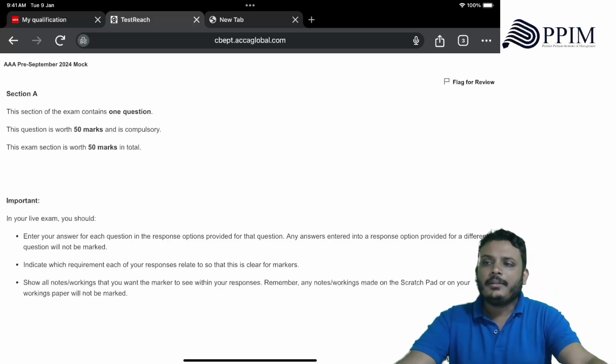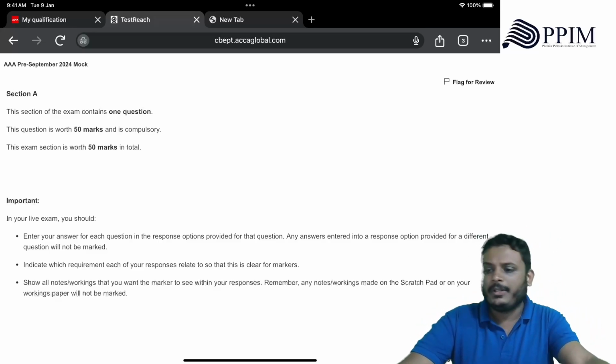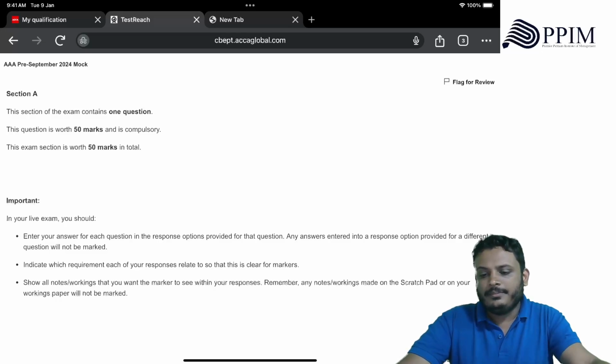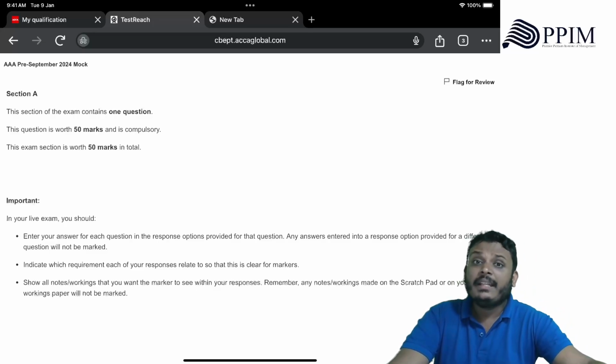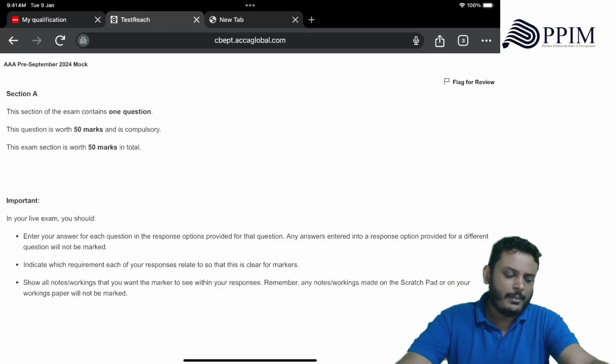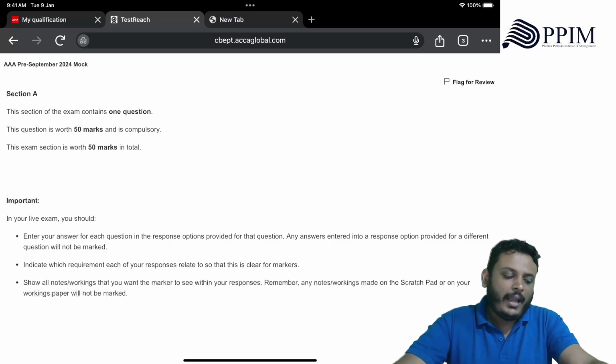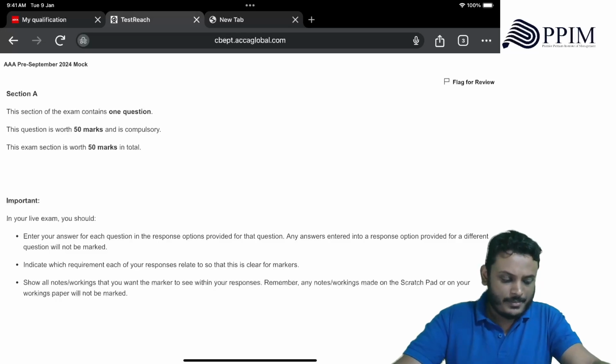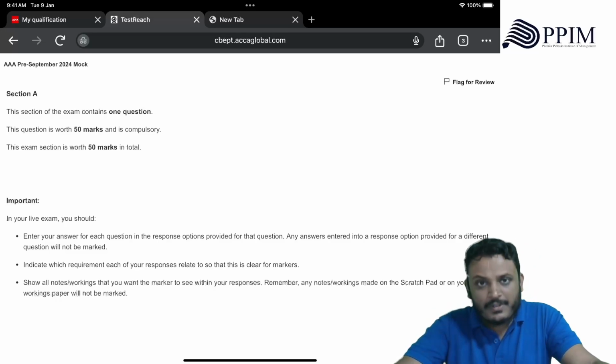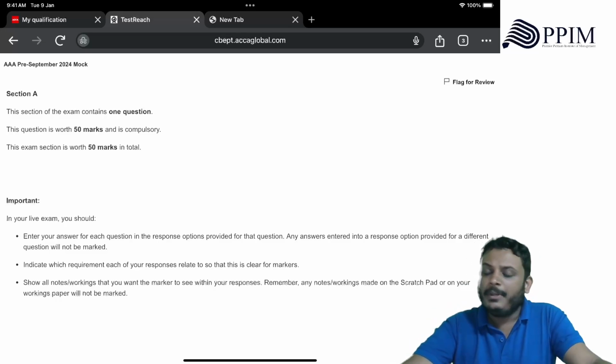But if you are looking at professional judgment, it is very important to identify the facts given in the scenario, because if you look at the case study, students, most of the case study facts can be visible, can be invisible.